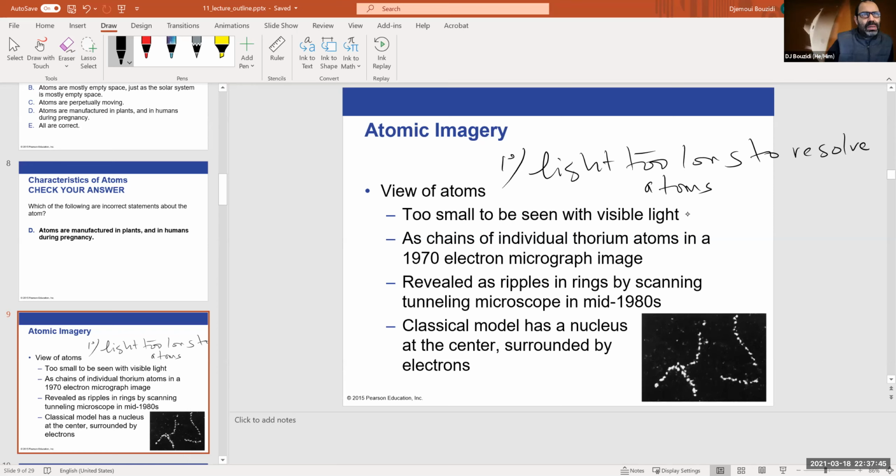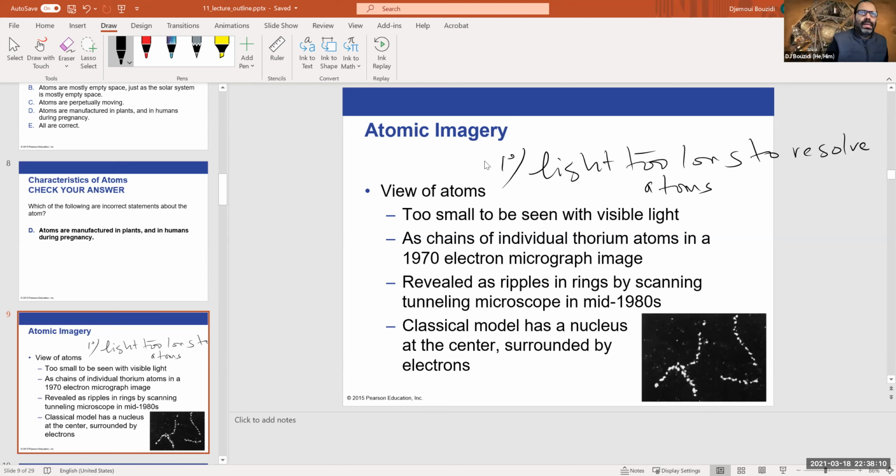You cannot see it because it's still not visible, but you can take pictures with it. So this is a chain of individual thorium atoms in a 1970 electron micrograph image. This is what an electron microscope revealed as ripples and rings by scanning tunneling microscope in the mid-1980s. Classical models have a nucleus at the center surrounded by electrons.